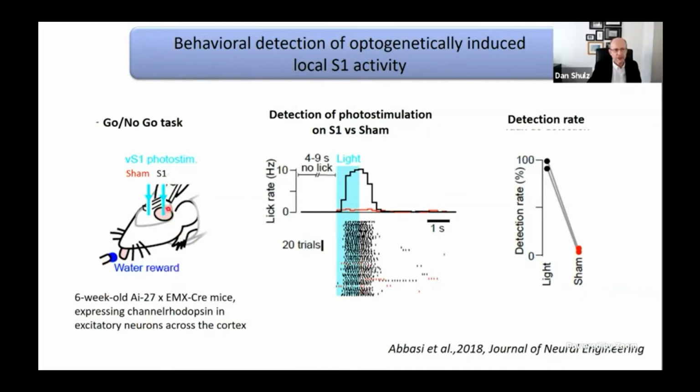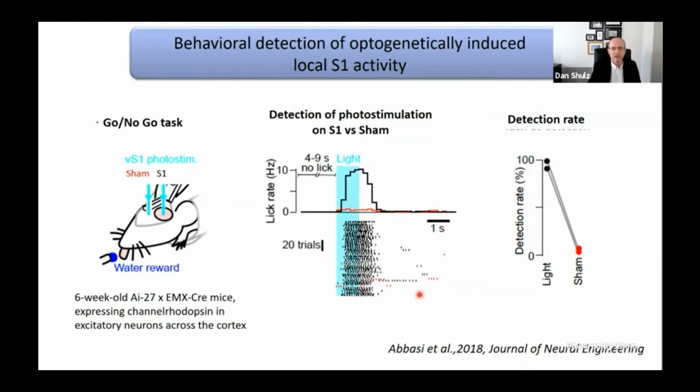If you shine blue light on the somatosensory cortex, the animal increases the rate of licking. Whereas if you move the stimulation away from the opening in the skull, then there is almost no response, as shown here in the sham.